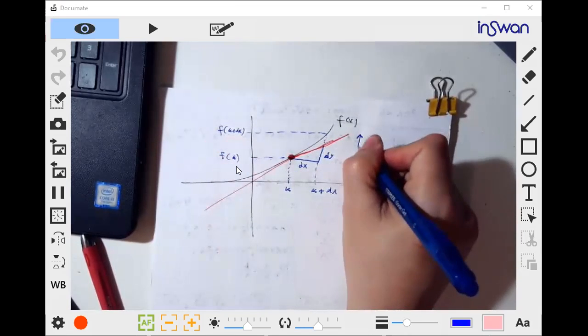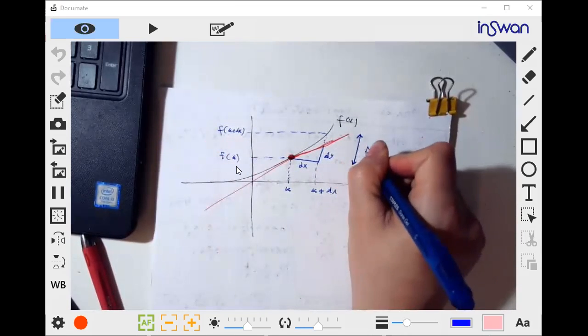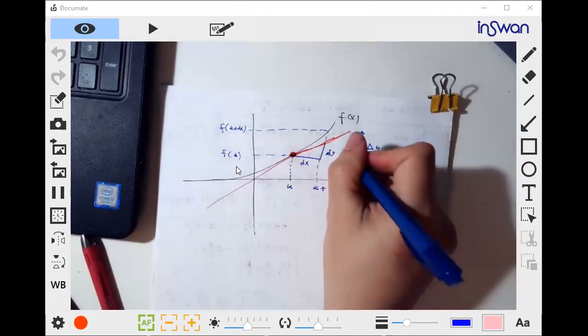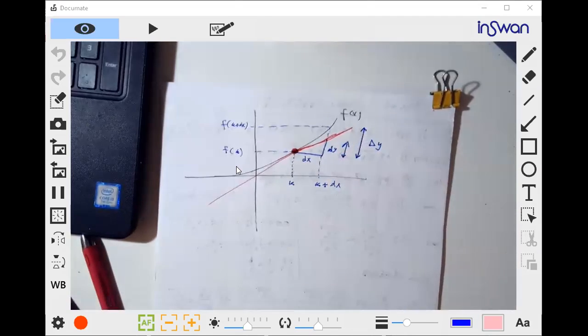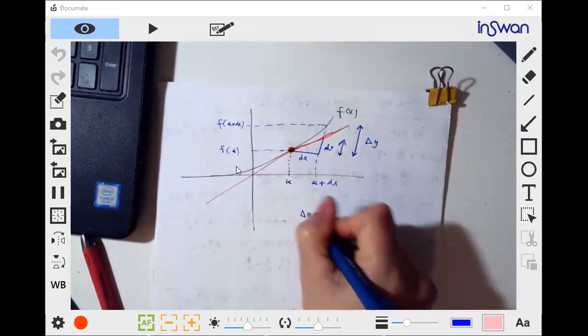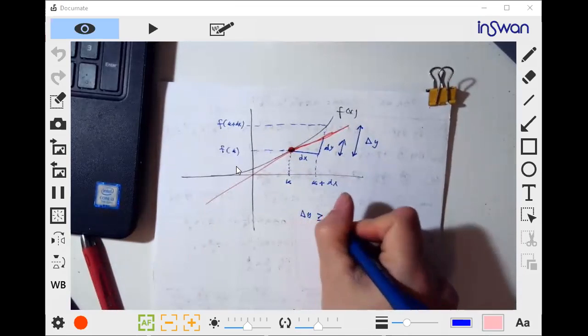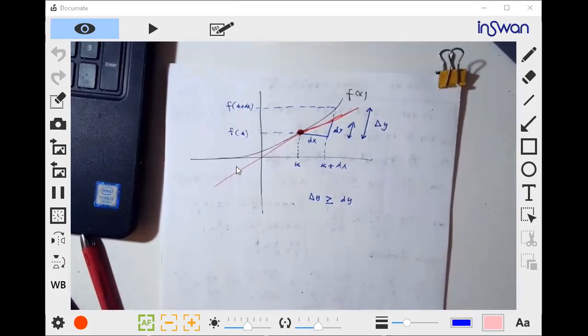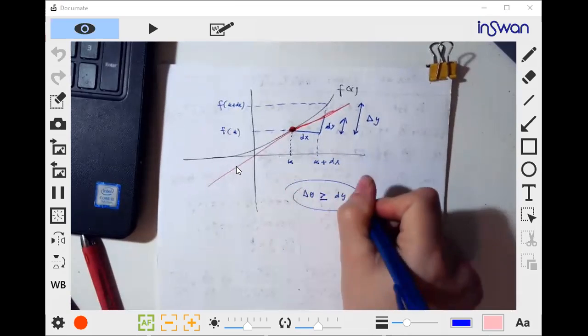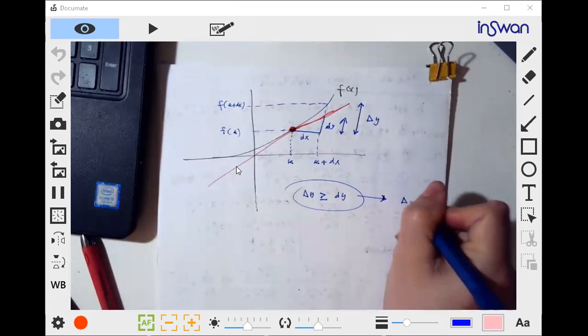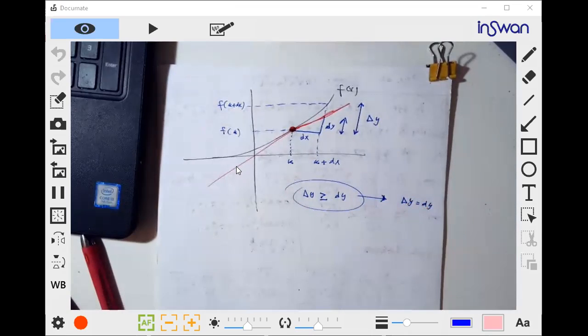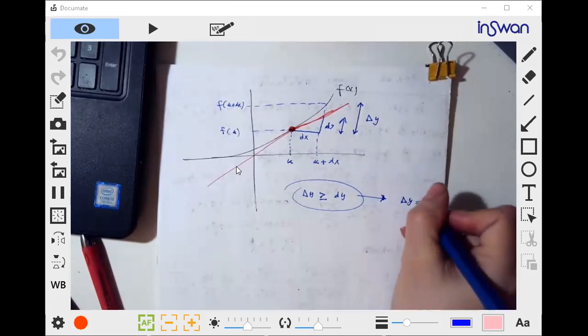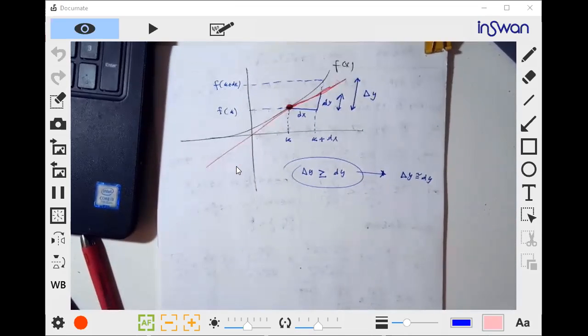So we notice that this height is our delta y, but that this height is the dy. Notice that delta y is greater than or equal to dy. But as we keep zooming in and zooming in, by local linearity delta y is indeed just some dy. It can be approximated to be like that.